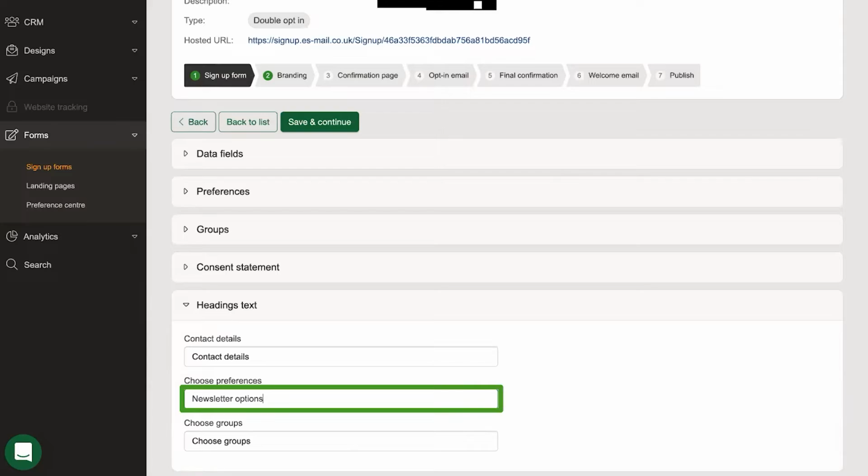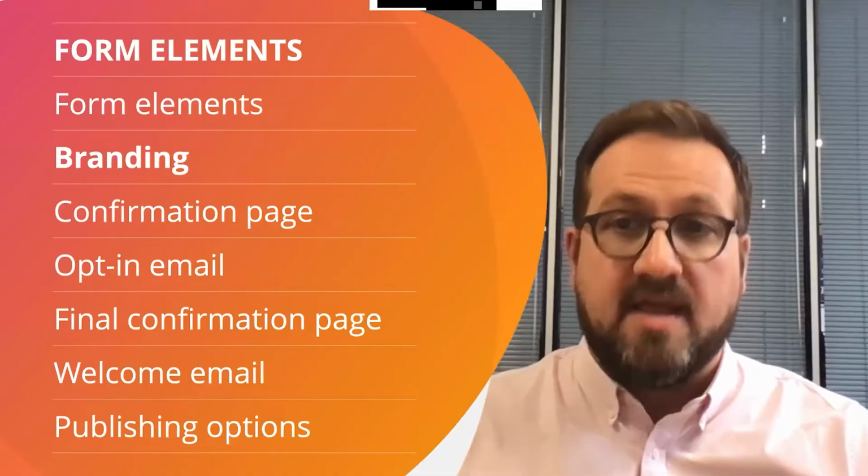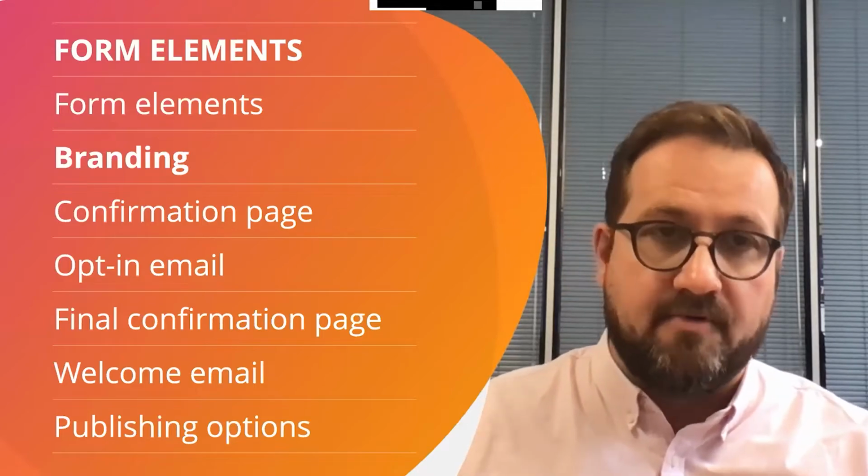There's lots more to the sign-up form though, because all we've got at the moment is a form, okay? And now we need to do other things with this form. In other words, what does the customer journey look like when someone completes this form? So moving on to the other elements that I mentioned at the beginning, the next step is to define branding for the form, okay?